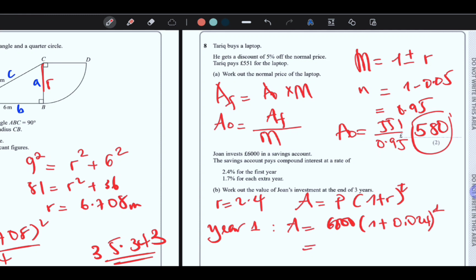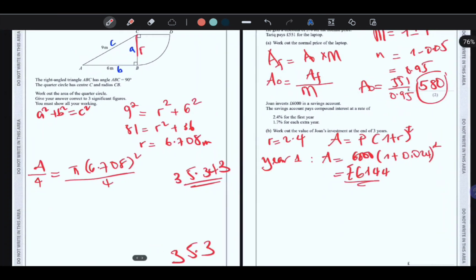So this would be £6,144. Now the extra years here would be 2, because they want us to work out the value after 3 years.